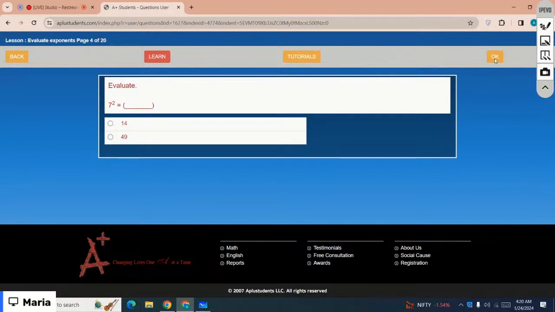The next one is evaluate 7 square. So 7 square equals, yes, the correct option is 7 times 7 is 49. Very good.